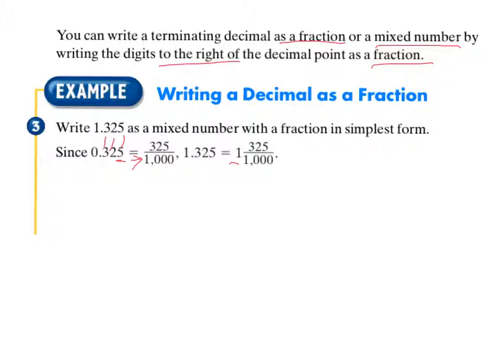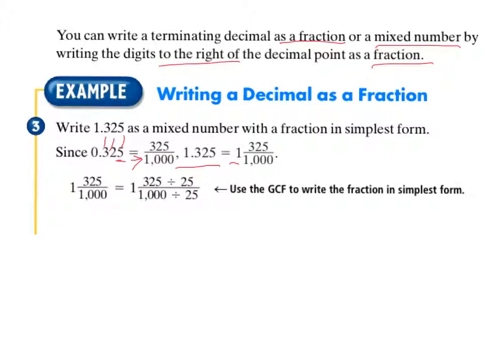So then that would become 1 and 325 over 1,000, because that's going back to my original number of 1.325. Now, 325 and 1,000 are going to have things in common. They can both be divided by 25, which is going to be the greatest common factor for these two numbers.